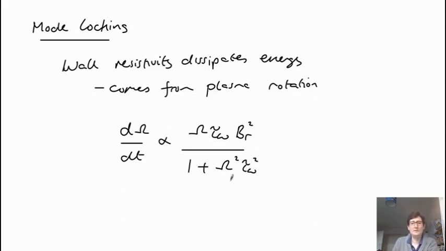You can see here that if the rotation rate is very high, so if omega tau is very large, then this becomes larger than 1, and this goes to essentially 1 over a very large number. So this goes to 0 as omega tau becomes large.